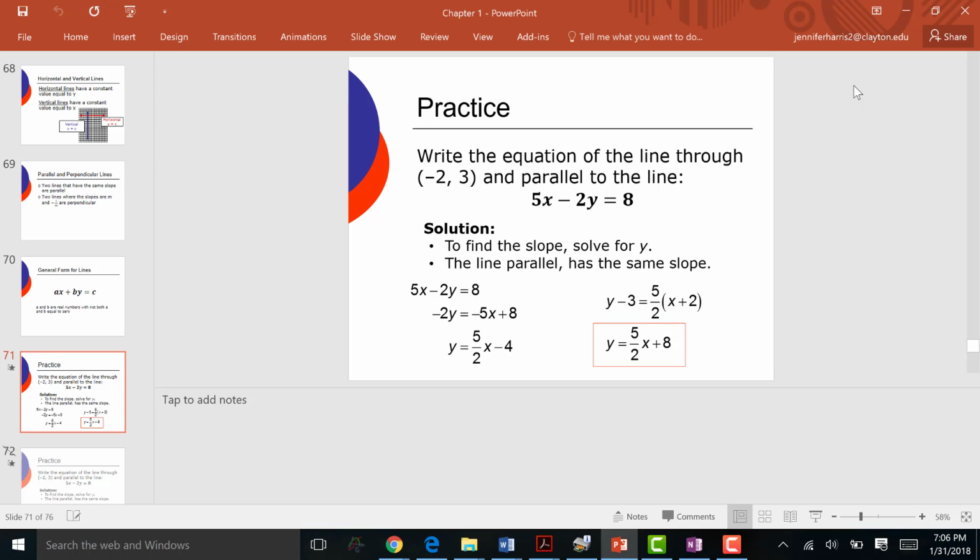You see I got two negatives in the parentheses, so I'm going to turn that into a plus 2. I am going to distribute, which means multiply 5/2 times x and 5/2 times 2. I haven't done anything to the left side yet. So 5/2 times x is 5/2 x, and 5/2 times 2, I'm going to put a 1 underneath. You don't have to.